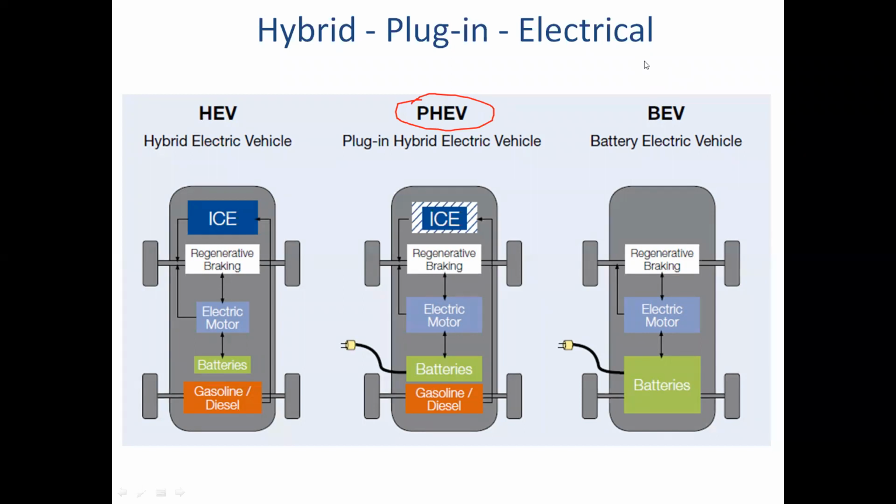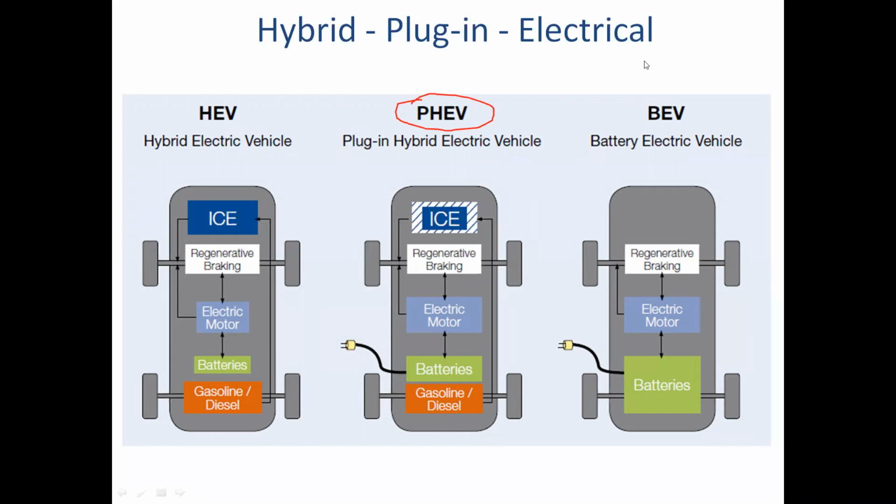In our plug-in electrical vehicle, you'll find that there are charging stations. At the charging station, you can charge the batteries. The battery size is bigger. IC engine is also connected, but the IC engine has lesser capacity than the IC engine in the hybrid electrical vehicle. So plug-in hybrid electrical vehicle has two options.